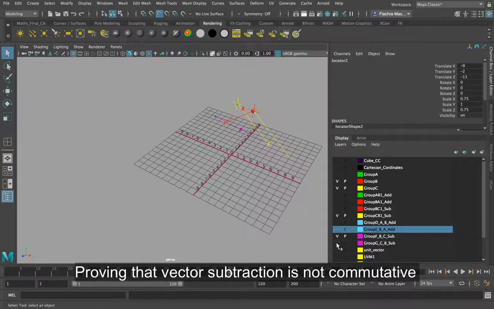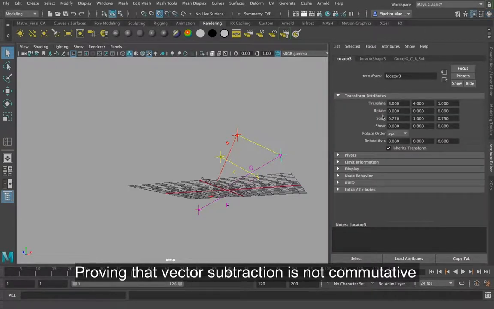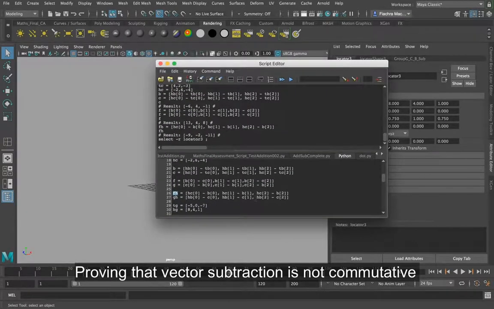This time we're going to go for the new vector called G. So this gave us the head after the subtraction of C from B. That gives us the head for a new vector, and we can then draw this line here, and that'll give us the coordinates and the magnitude for this new vector, which we're calling G. If we click on the locator, pull up the attribute editor, translator, we'll get the position 8, 4, and 1, and we can pull up the script editor, and we're going to run G.